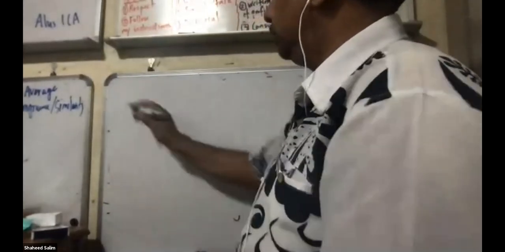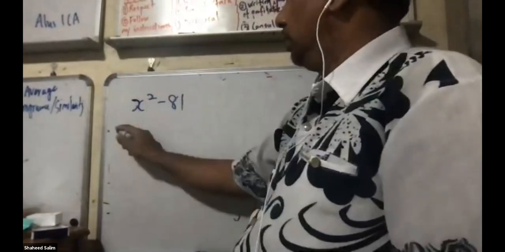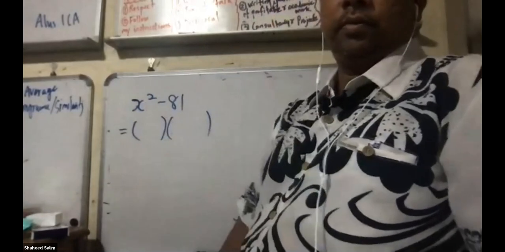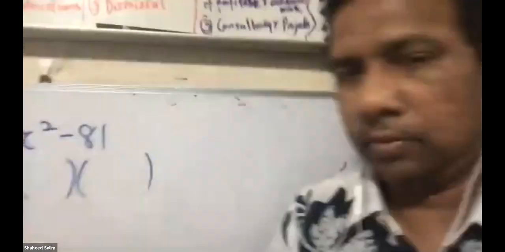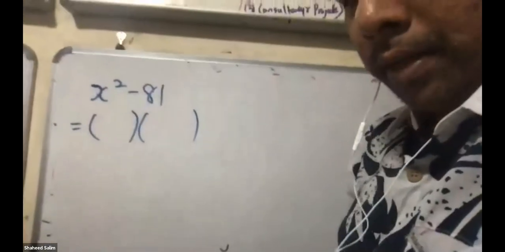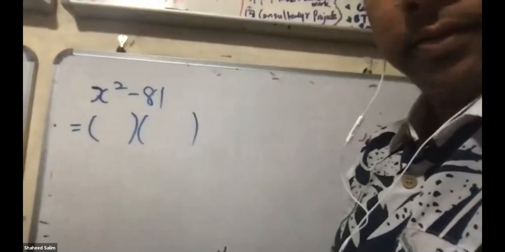Here we go. x squared minus 81. Factorize this. You have 1 minute, no more than this. No more. Can have less.